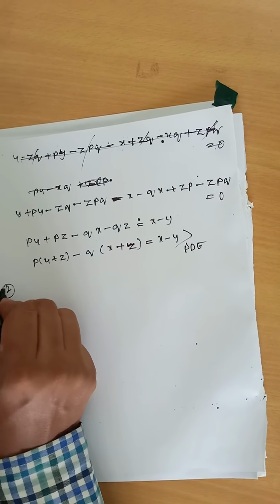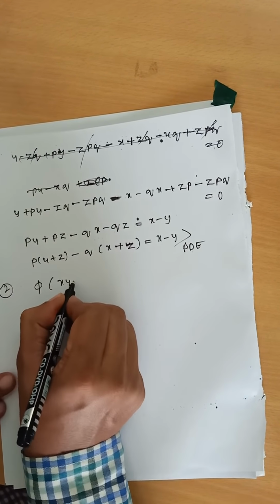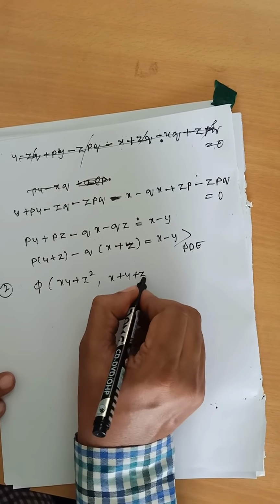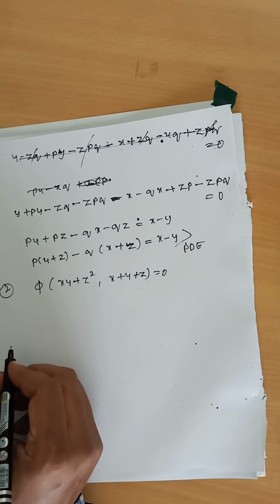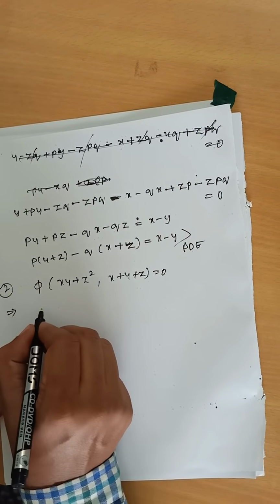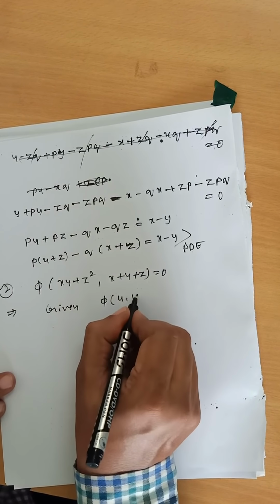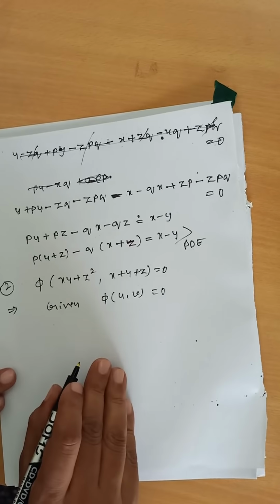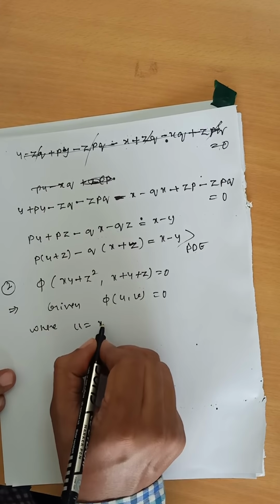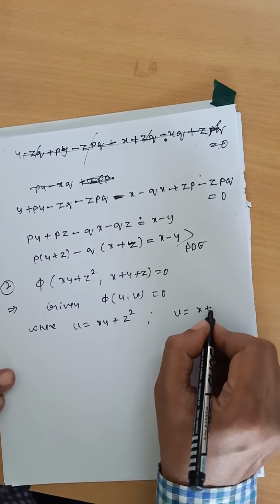Construct the question like this: formation of PDE by eliminating arbitrary function phi of xy plus z square, comma x plus y plus z, equal to 0. Given is in the form of phi of u comma v equal to 0, where u is xy plus z square and v is x plus y plus z.